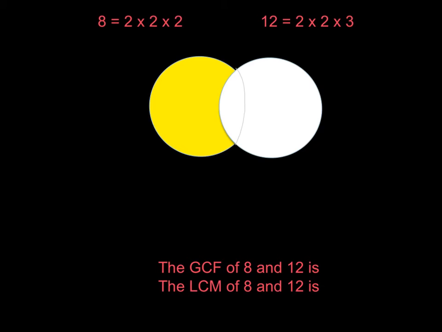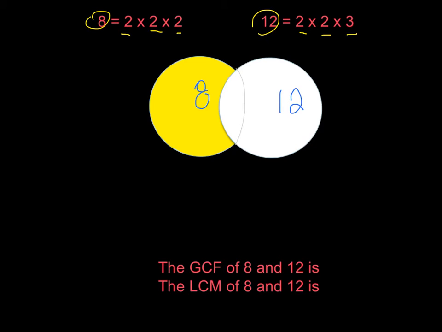Okay, so let's take a look at this. We have our work from before, so we figured out what our prime factors are for the number 8 and the number 12. So what you want to do with this Venn diagram, this side, let's take blue here, this side is going to be for the number 8, this side is going to be for the number 12.